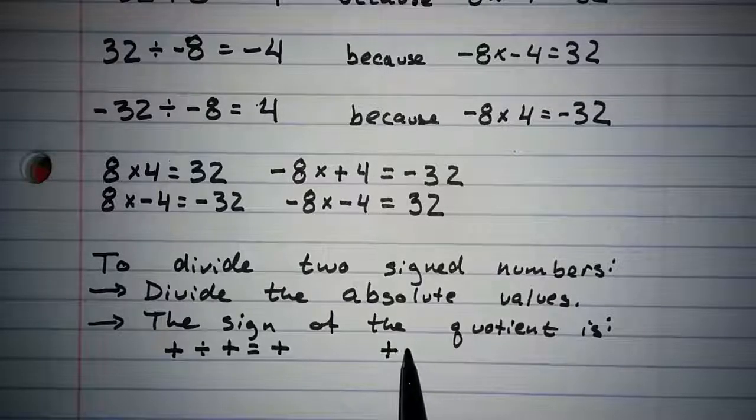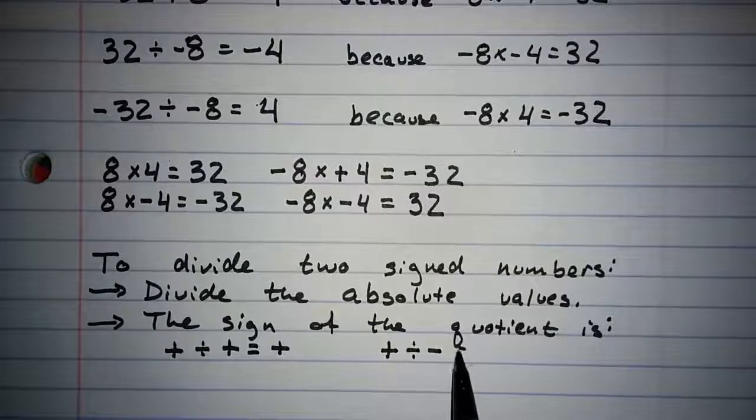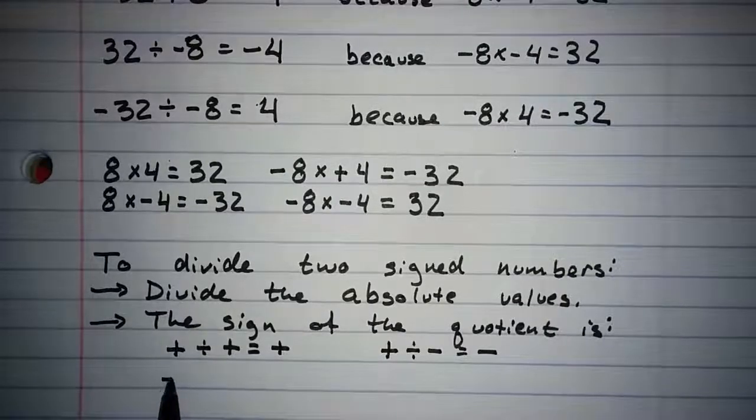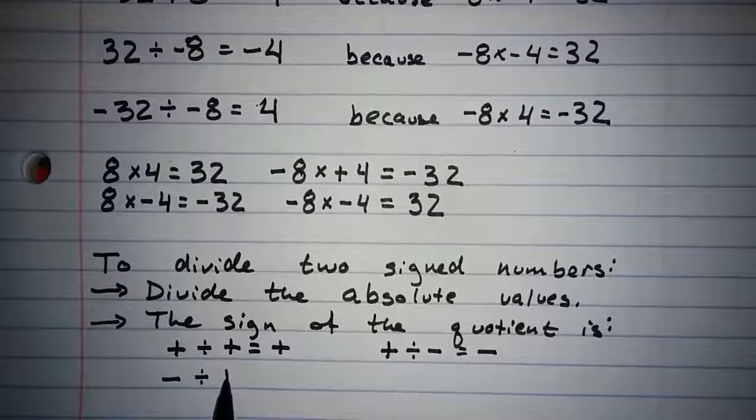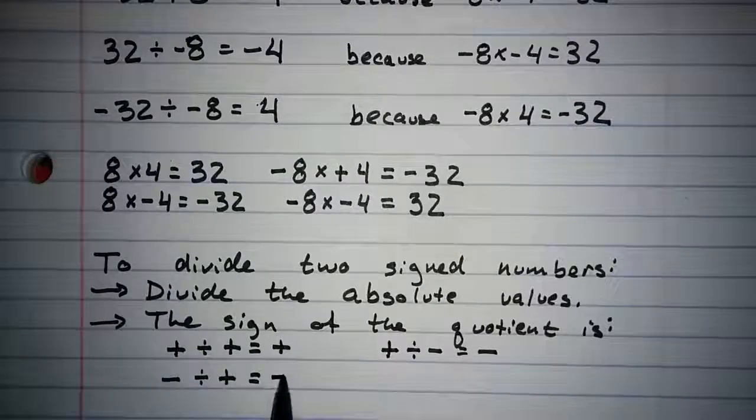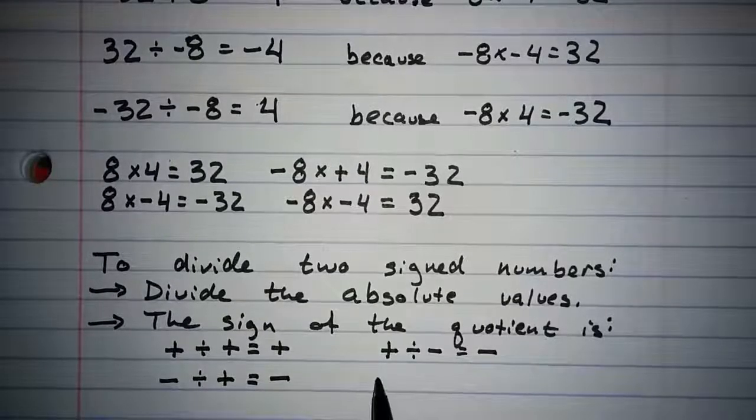A positive number divided by a negative number is going to be a negative number. A negative number divided by a positive number is going to be a negative number. And a negative number divided by another negative number is going to be a positive number.